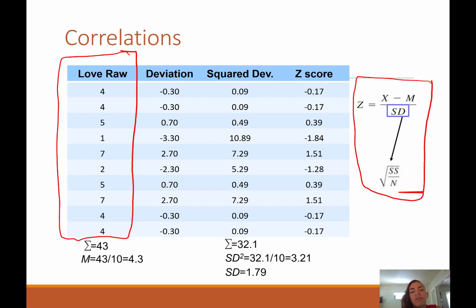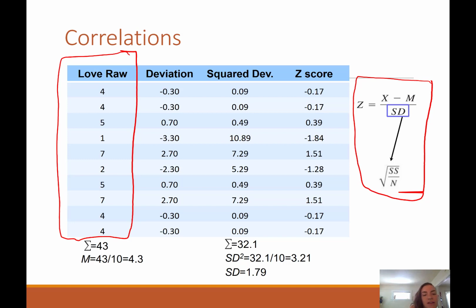So the pieces of information that I need to glean from the raw scores are X, that's easy, those are the raw scores themselves. I also need M, which is our sample mean, and I need the sample standard deviation, which is the square root of sum of squares over n. So let's start with calculating the sample mean and get that out of the way.